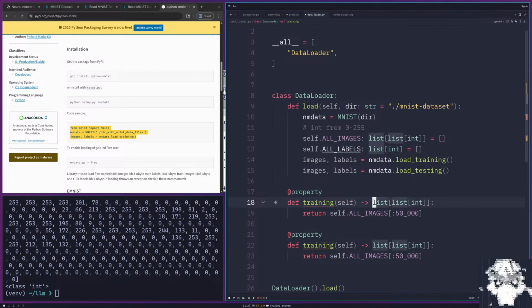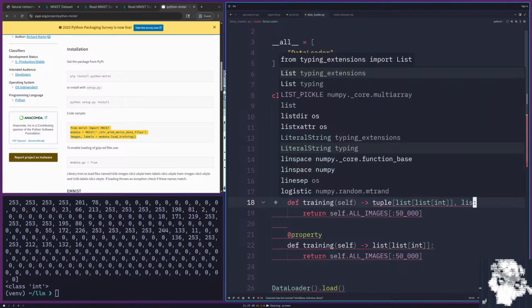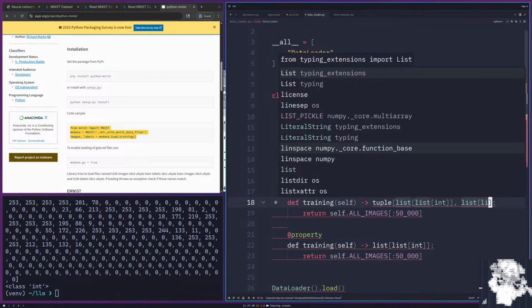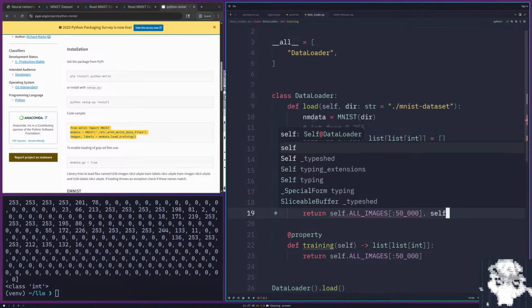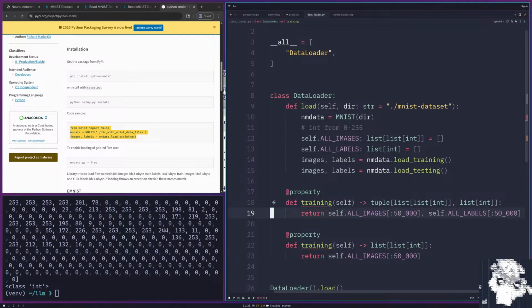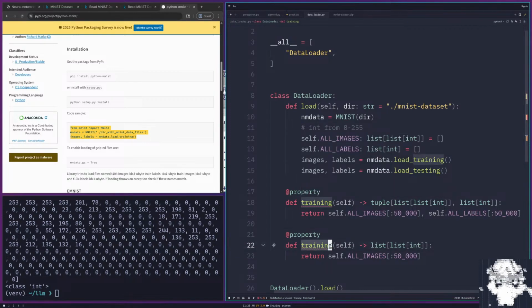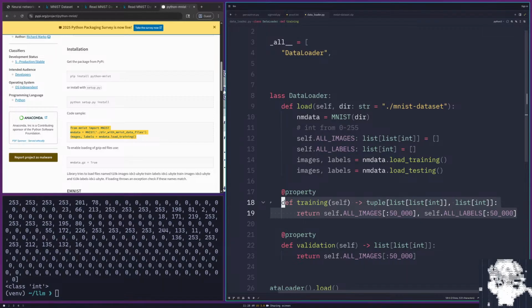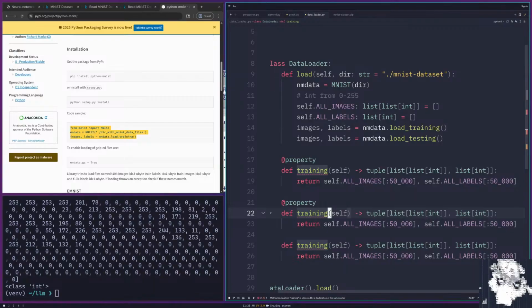Actually, this is a tuple, which has the images and the labels. So the labels are a list of int. And what's wrong with this? Yeah, okay. Training, validation, and testing.